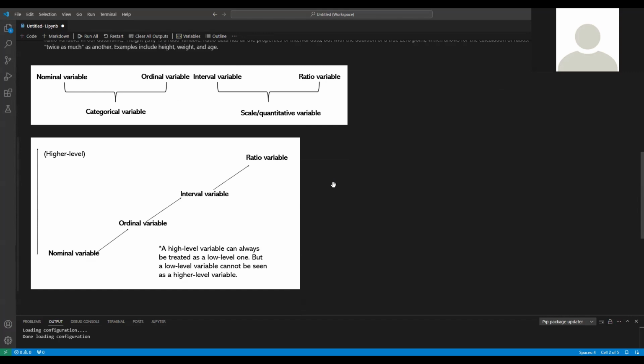A final note on the level of measurement. As you can see, we have classified data or variables into four types, right? Two big groups and then four types. And why do we call it the level of measurement instead of classification of data or classification of variables?